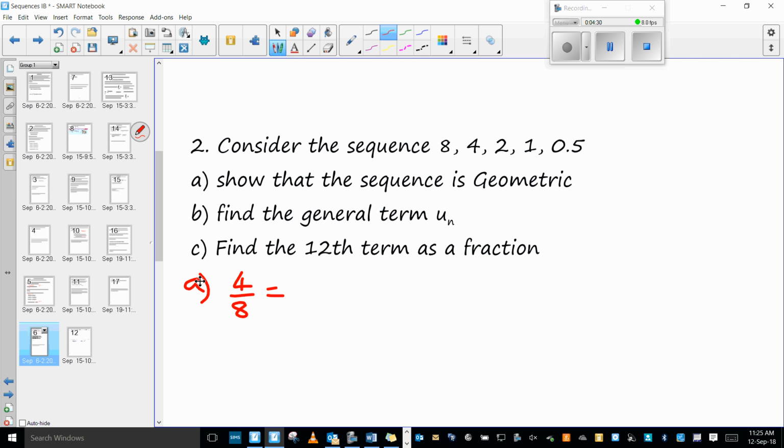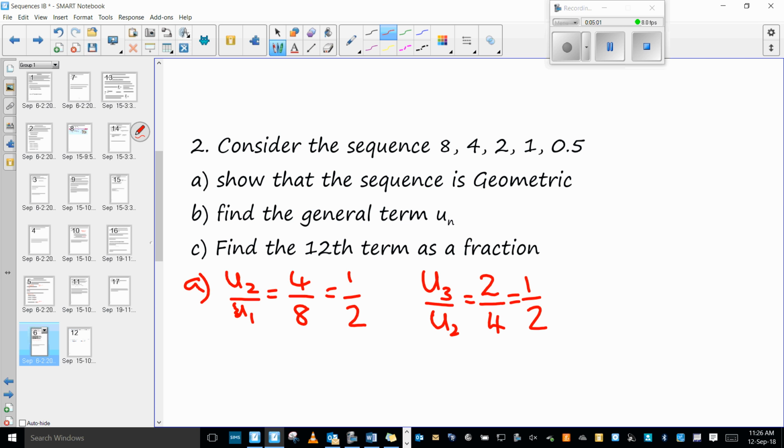So let's do U2 divided by U1 is 4 divided by 8. Does 4 divided by 8 simplify? 1/2. Now U3 divided by U2 would be 2 divided by 4, which simplifies to 1/2. U4 divided by U3 would be 1 divided by 2, which is obviously 1/2.